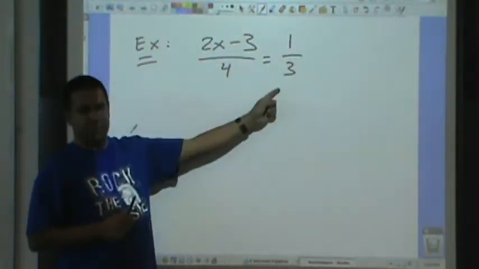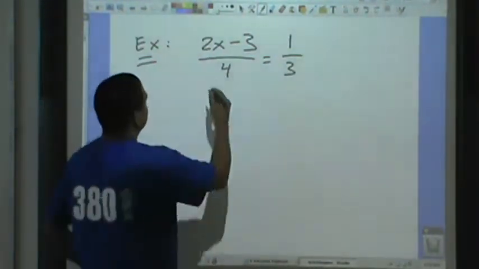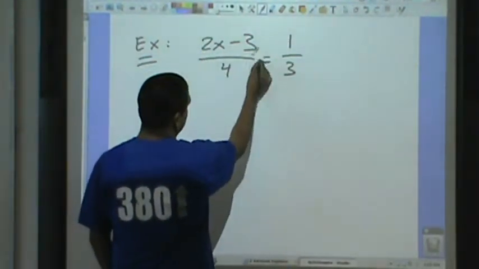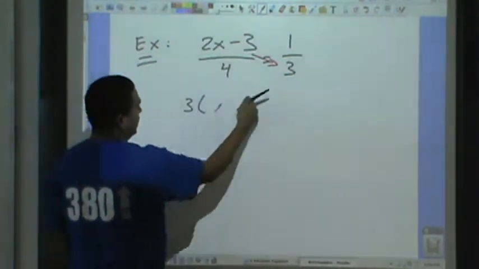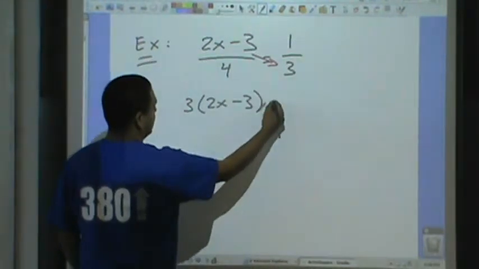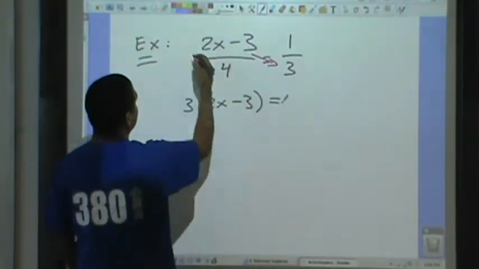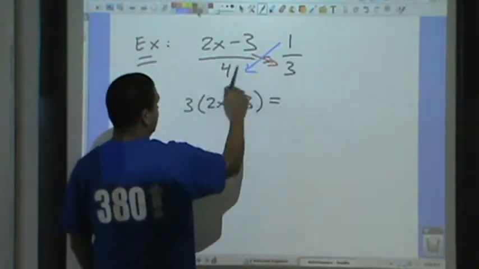So how do we solve proportions? Cross product. Cross multiply. So you still multiply this way. So it's going to be 3 times 2x minus 3, and then your equal sign. And then you multiply the other way, 1 times 4.